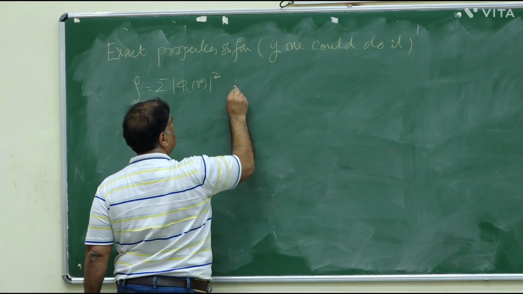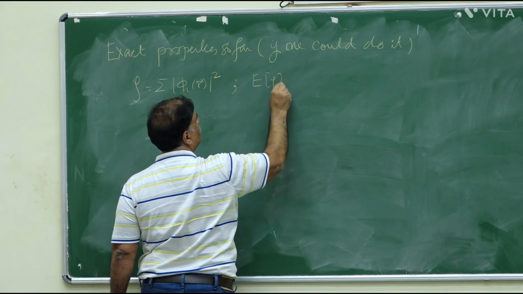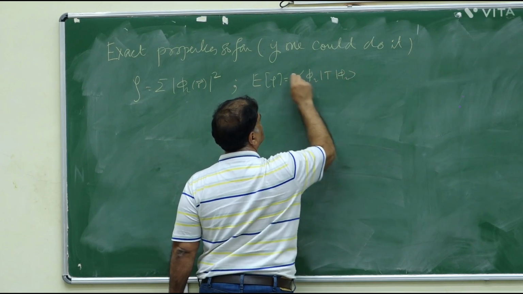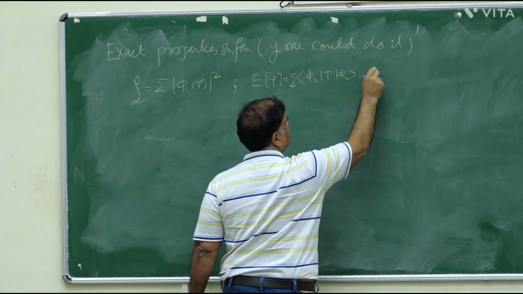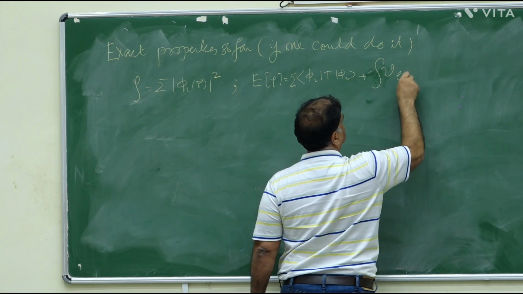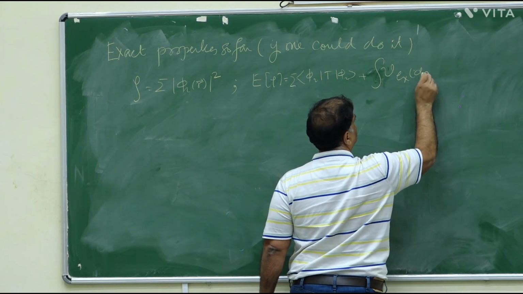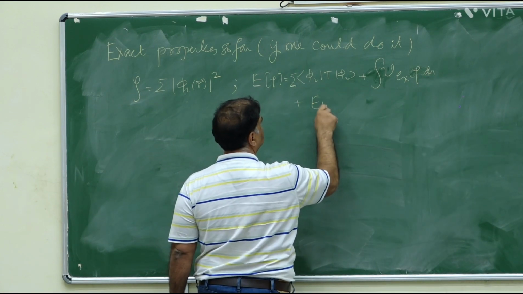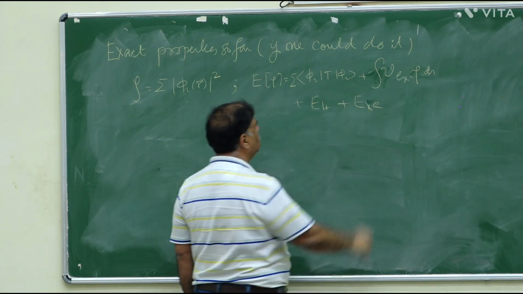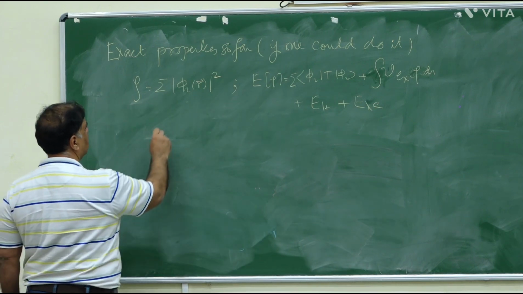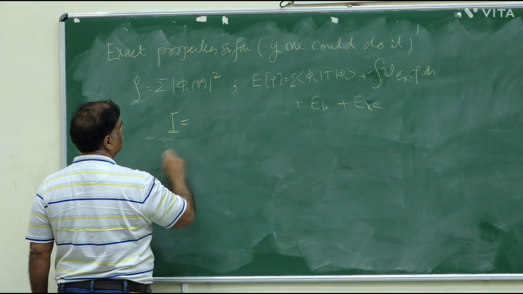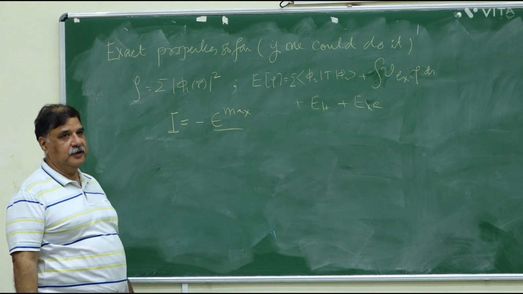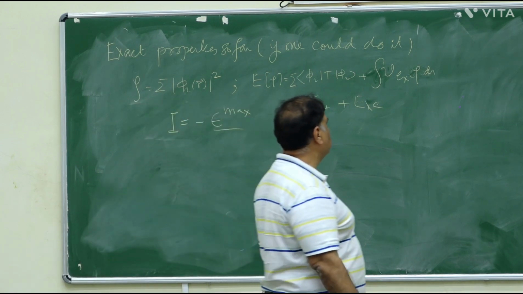It is giving you E[rho], which is the sum over phi_i of T phi_i, plus the integral of V external (r) rho(r) dr, plus E_H plus E_xc, the exchange-correlation, and in addition you are also getting I, which is equal to minus epsilon max. I'll derive it even more interestingly later. Alright, so this is what we've got.